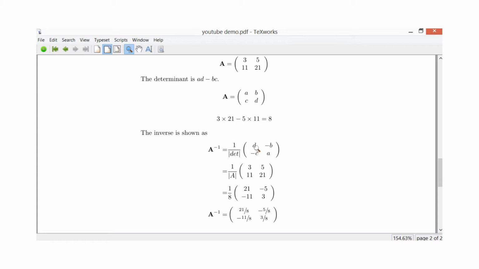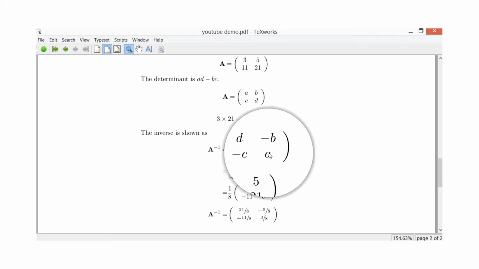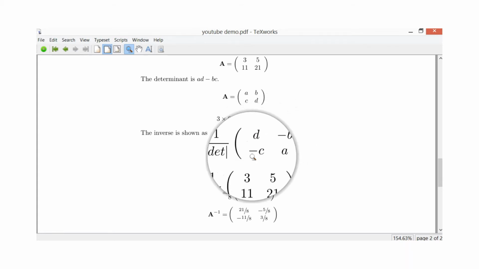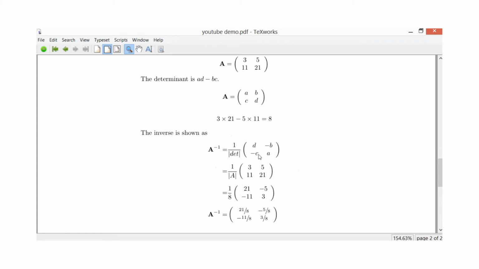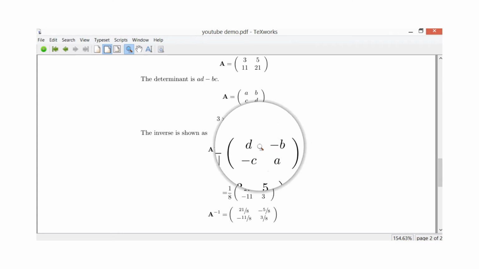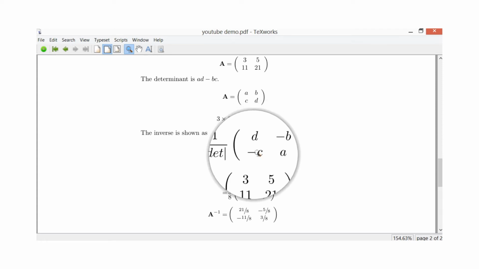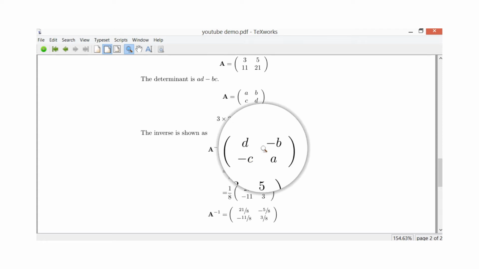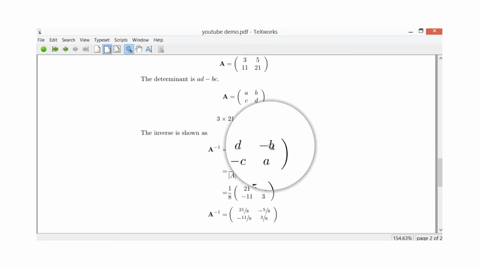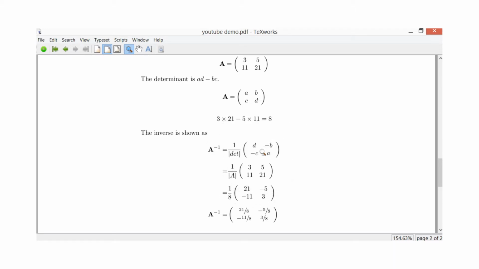On the diagonal, the A and D are flipped, and the B and C stay in the same place, but the signs are flipped. So the easy way to remember it is the negative diagonal, A and D, just flip places, where the positive diagonal, B and C, stay where they are but become negative values. So the positive gradient, if you want to think of it like that, becomes your negative values. That's an easy way to remember it.